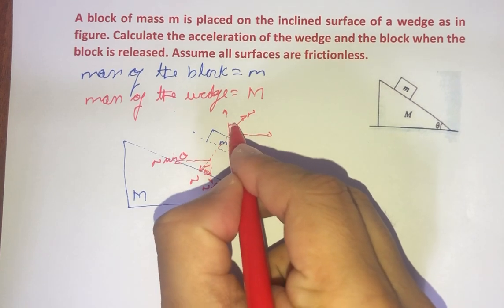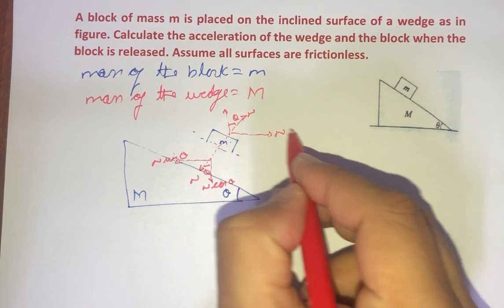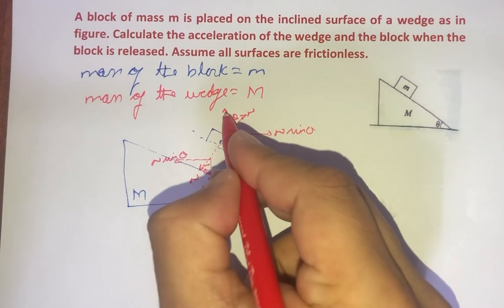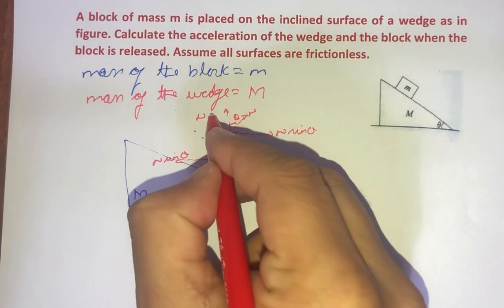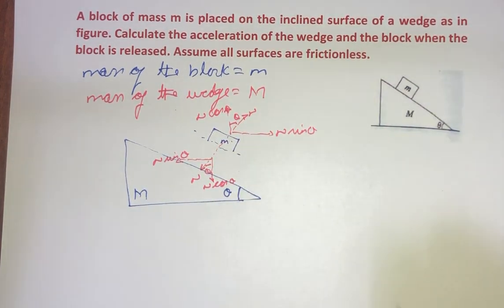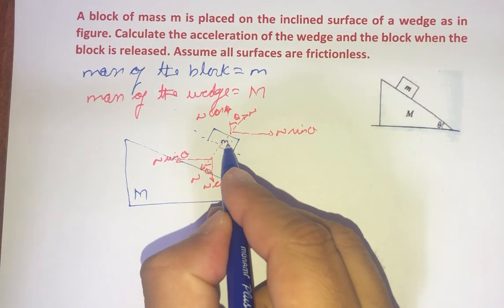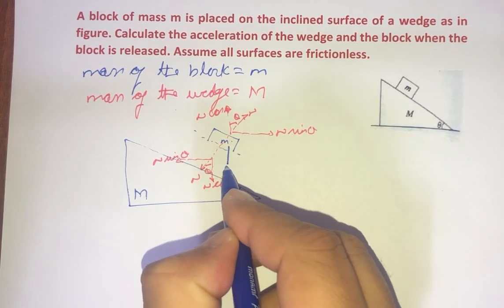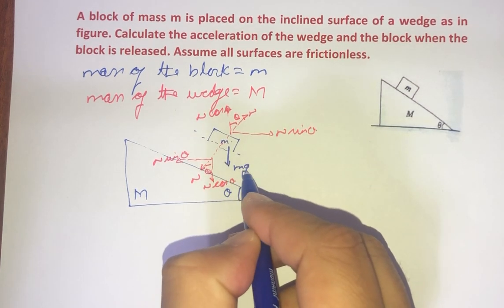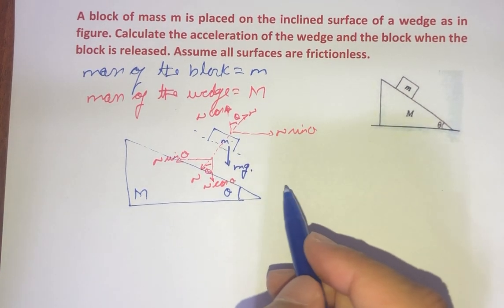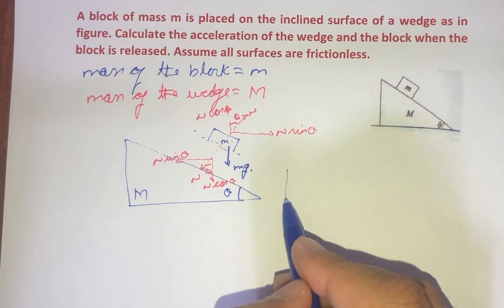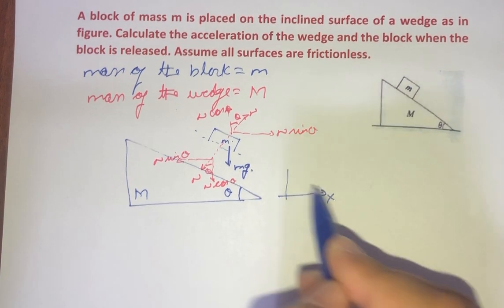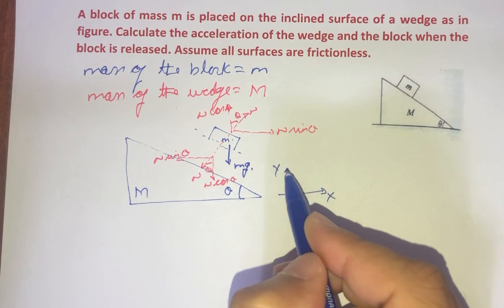This will be angle theta, this will be n sin theta, and this will be n cos theta. There will be mg acting in the downward direction, and the coordinates x and y we take in this direction.